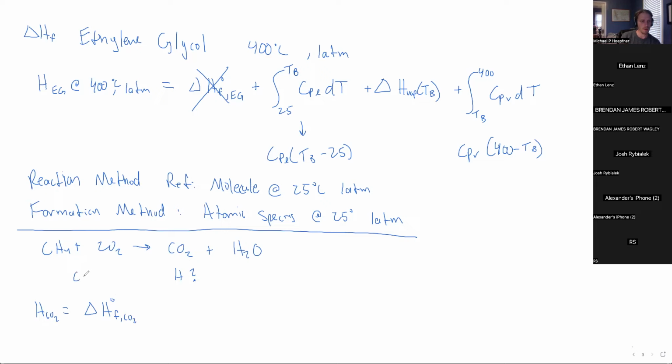And this would be from carbon plus O2, right? Boom, I react carbon and O2 and I make CO2. Then at 25 degrees C and 1 atmosphere, CO2 is going to be a gas, so then it's relatively straightforward. Then I would just integrate from my reference state to whatever the system temperature outlet is here, the heat capacity of vapor CO2 dT. And this is the enthalpy that I would put into the table.